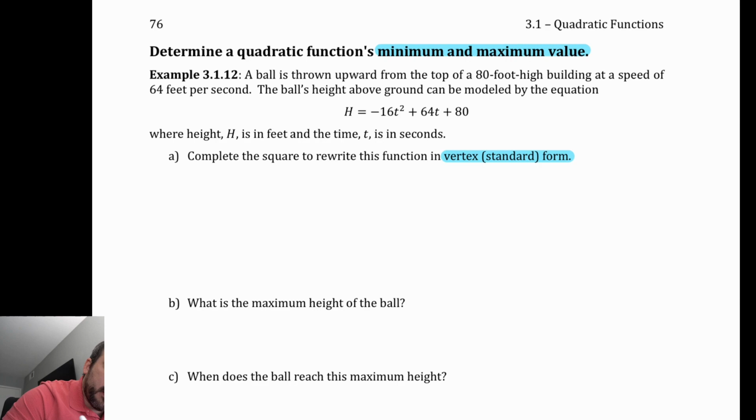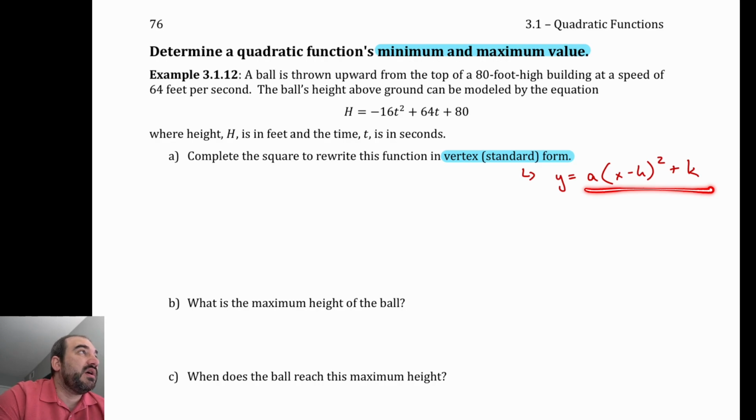And vertex form is essentially y equals a times (x minus h) squared plus k. That's what vertex form is. And you'll notice this form looks very, very similar to something we did today. We ended up with something that looks like this when we completed the square.